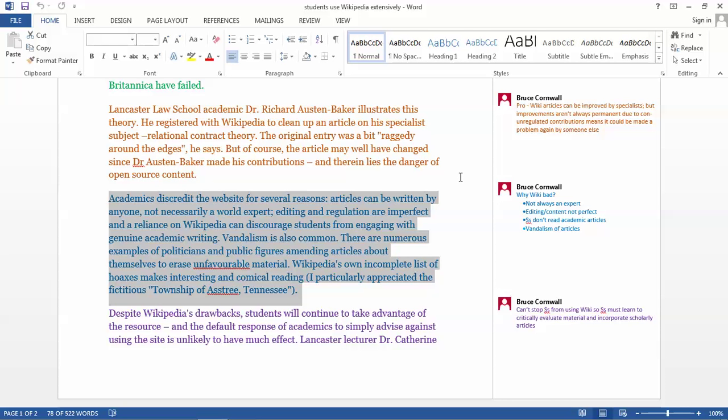And there's a problem where students using Wiki avoid the problem of having to read long articles. But this is a problem. Students don't have a chance to engage with academic articles. And finally, there is a problem where Wiki has what they call vandalism of articles, which means people are either making funny contributions that are meant to be comical, or other people, public figures and politicians, have actually changed the article and gotten rid of anything that makes them look bad.